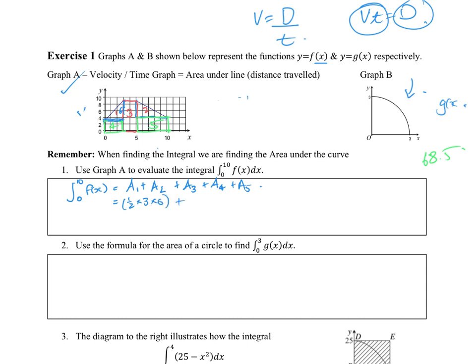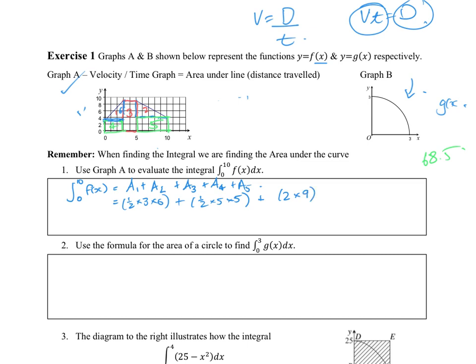Yep. All right. What about area 2? That's a bit easier. So that's 2, 4, 5. So it's a half, and what's the base? 1, 2, 3, 4, 5. A half times 5 times 5. Would you say that's area 2? Yeah, and area 3's all right. That's just 2 times 9?